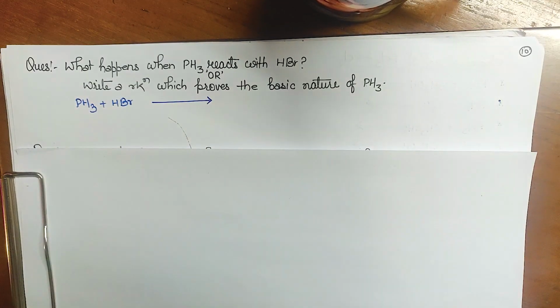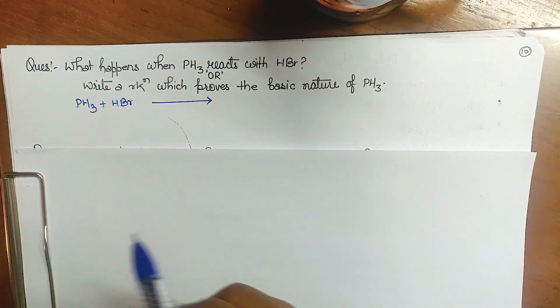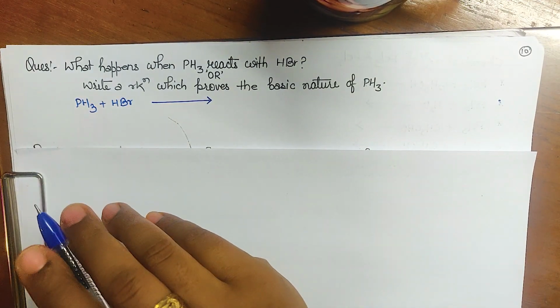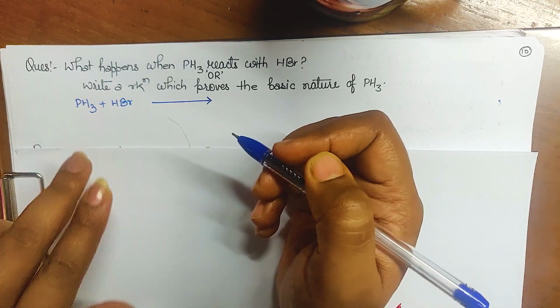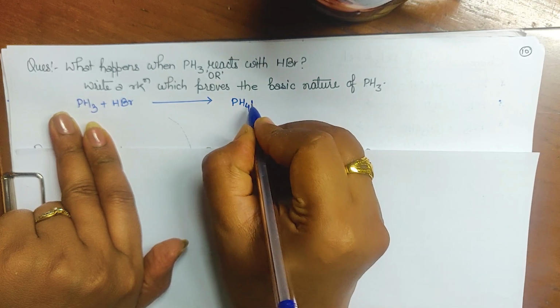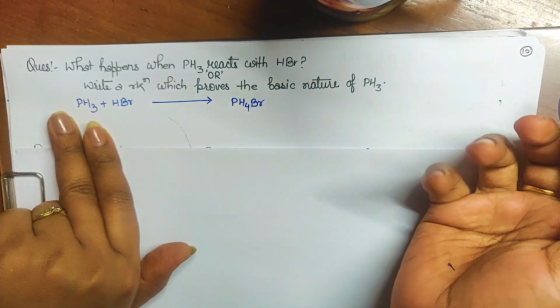If you can remember, you can relate: if NH3 and HCl react, what will it form? Yes, NH4Cl. Similarly you can combine these and form PH4Br, where there is no change in oxidation number.